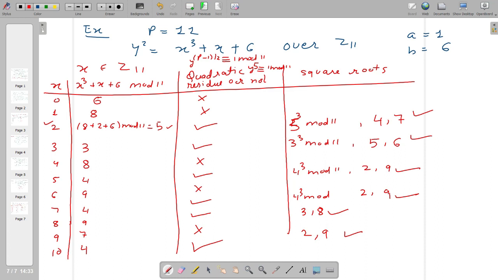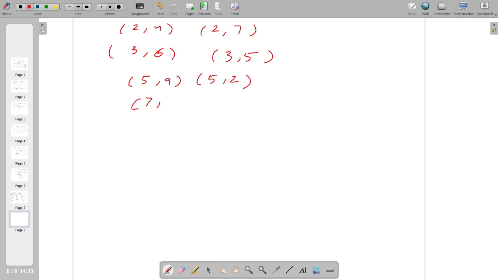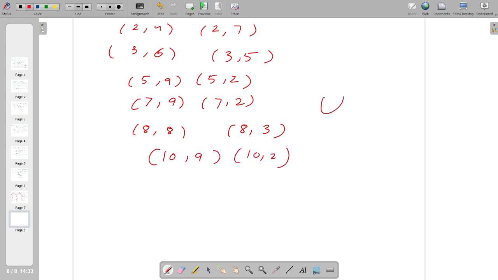So the points will be 2 comma 4, 2 comma 7, 3 comma 6, 3 comma 5, 5 comma 9, 5 comma 2, 7 comma 9, 7 comma 2, 8 comma 8, 8 comma 3, 10 comma 9, and 10 comma 2, and the point at infinity also.